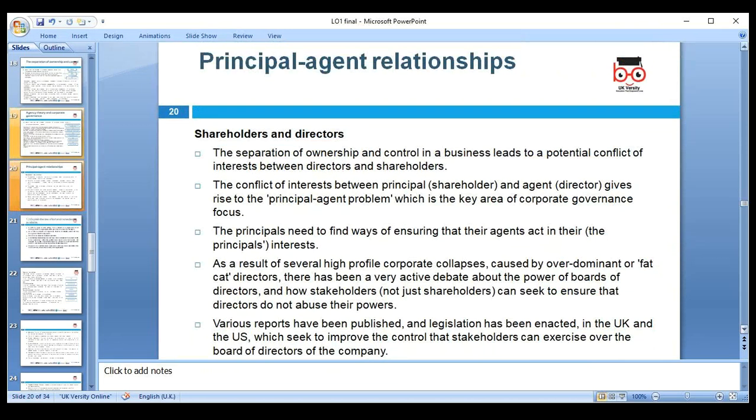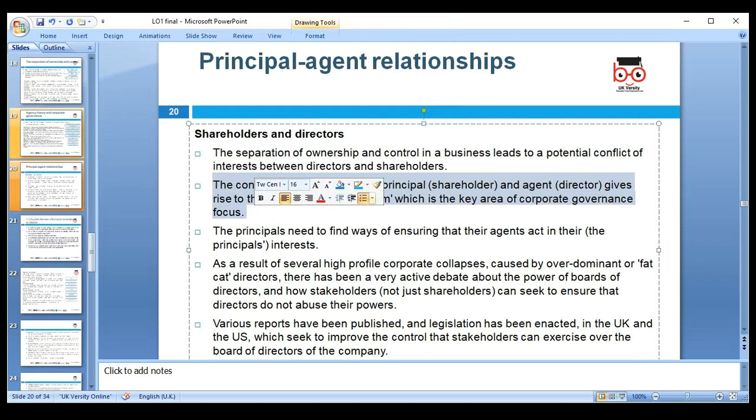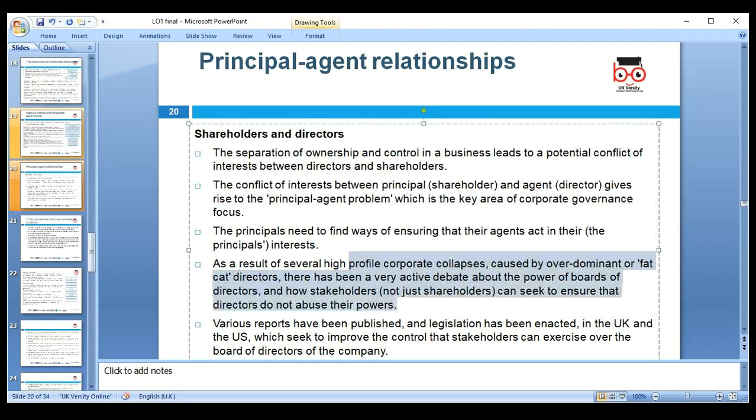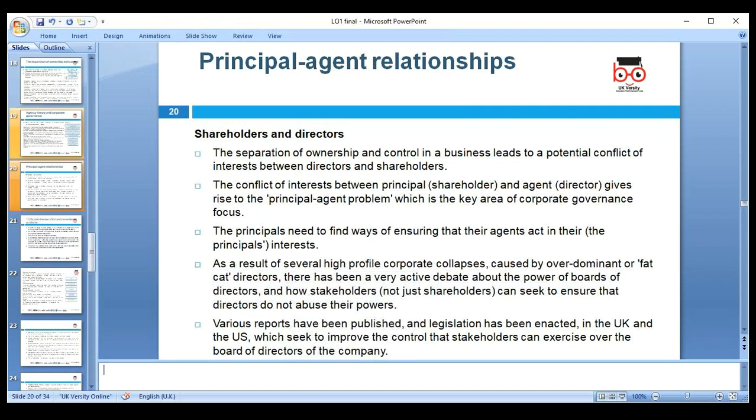Okay, next we're looking at the principal-agent relationship, shareholders and directors. We need to try for a balanced approach. That's the key, because the corporate can collapse if there is a lot of conflict. We need clear responsibility and clear governance. So there is a lot of law and a lot of reports.